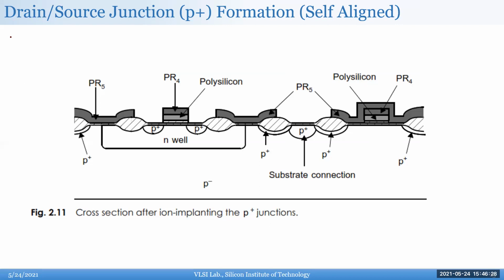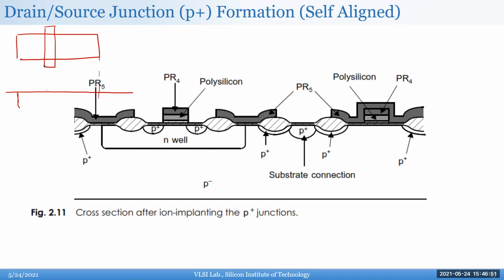So what you did was you drew a layout, something like this, right? That's your diffusion, and this is your polysilicon, right? So let me start with the substrate here.